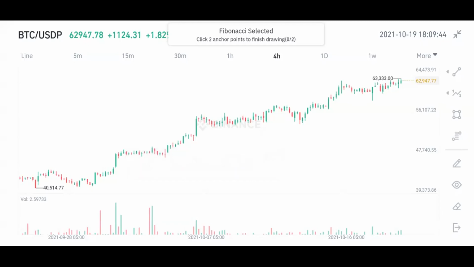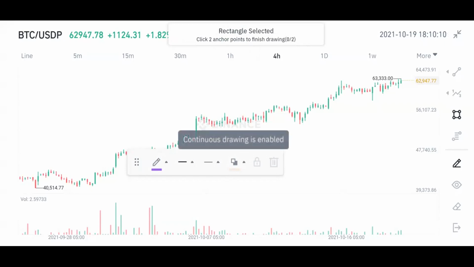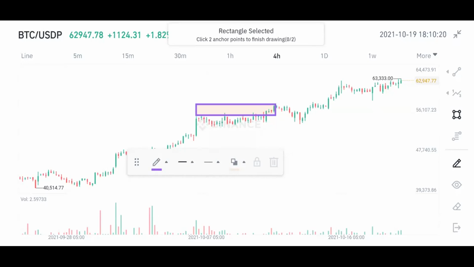Now, here you see the rectangle. You also see the price movements, and the free continuous drawing. This is where you draw the things you want to draw. So it depends on what you want.